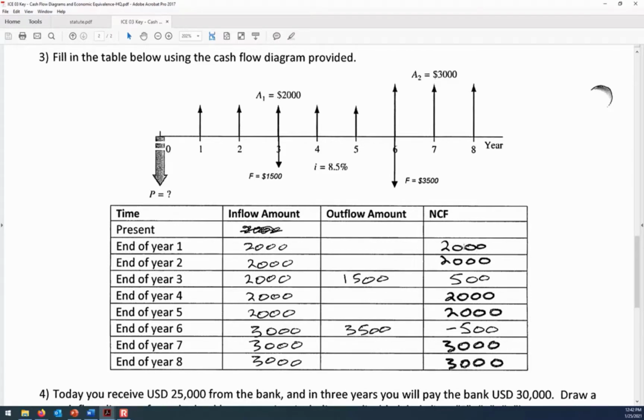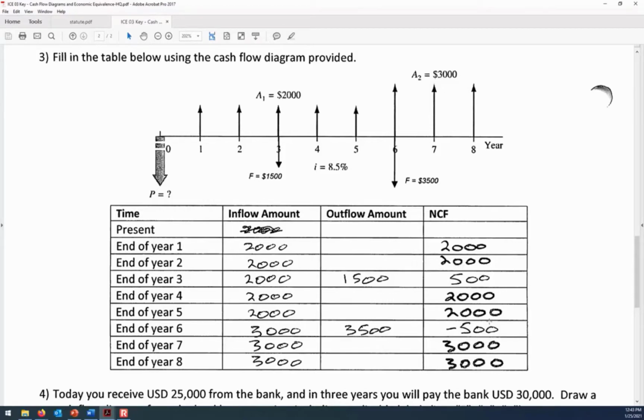You'll notice, for example, in year 1, it's 2,000 because there's an in but no outflow. And then year 2 is the same thing because there's that arrow that's up for 2,000. So it's just an inflow with no outflow. And the net cash flow is also 2,000. So the 2,000 that we experience during year 2 is completely independent of what was before and after it.